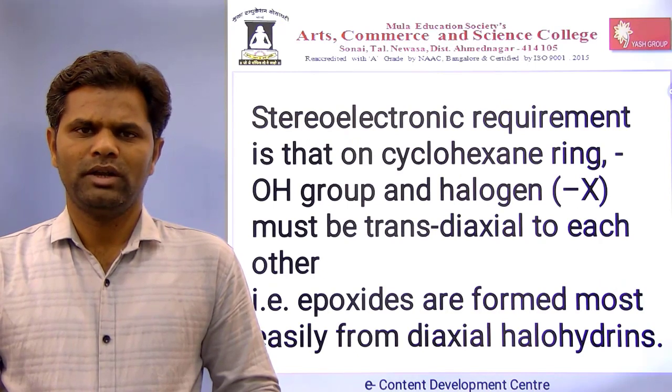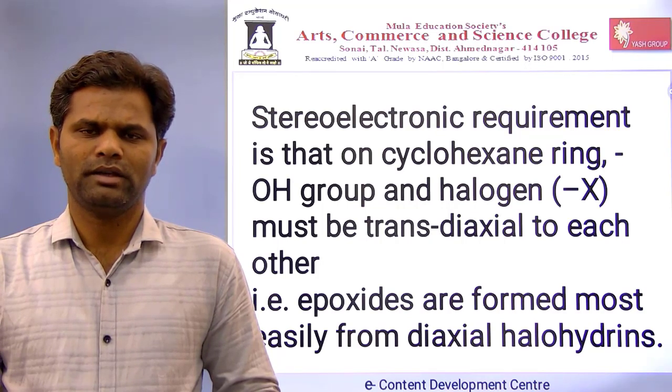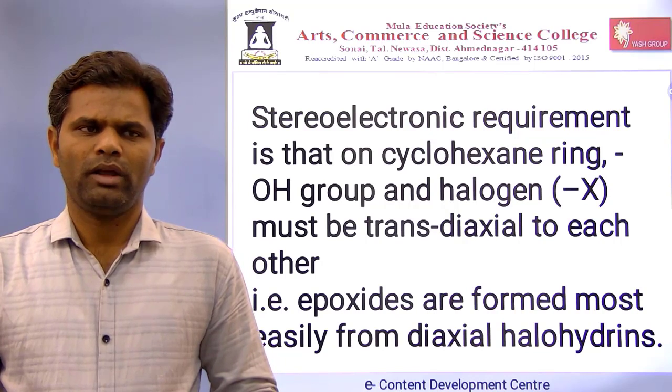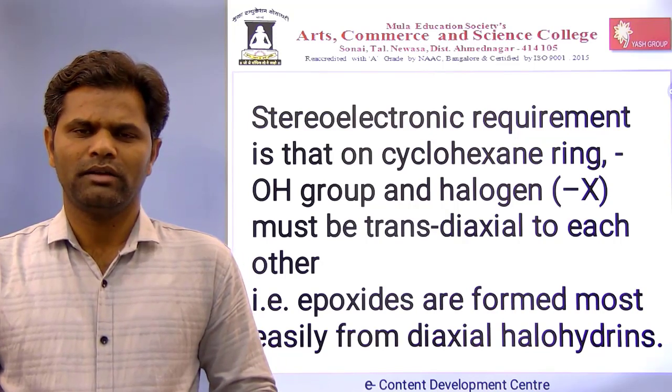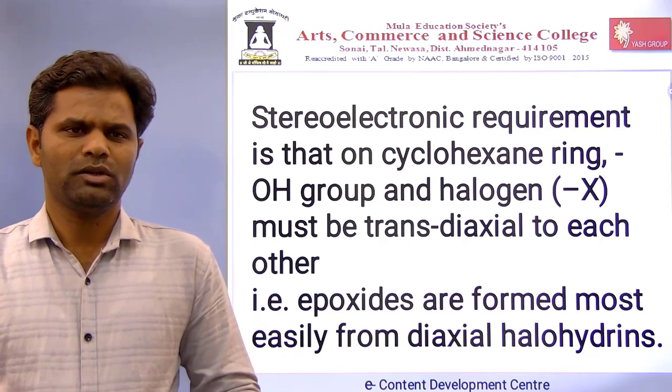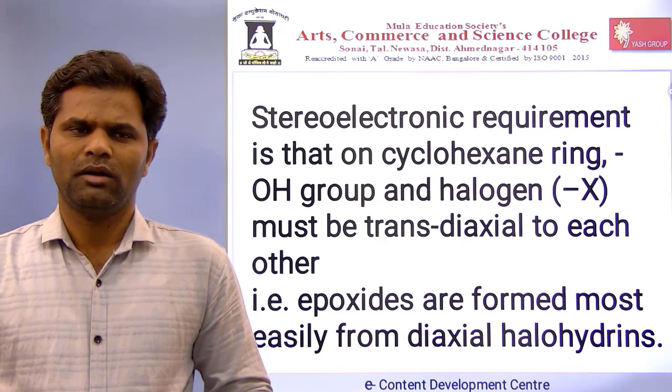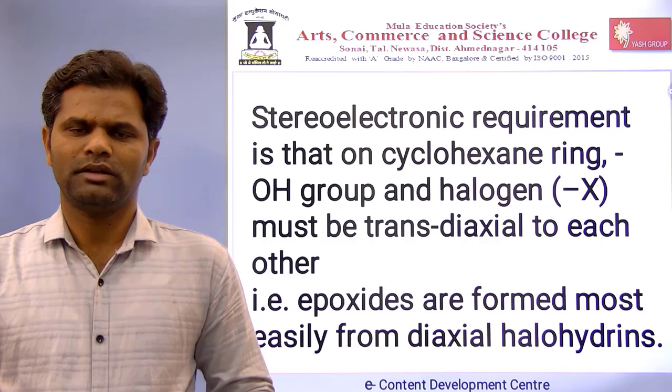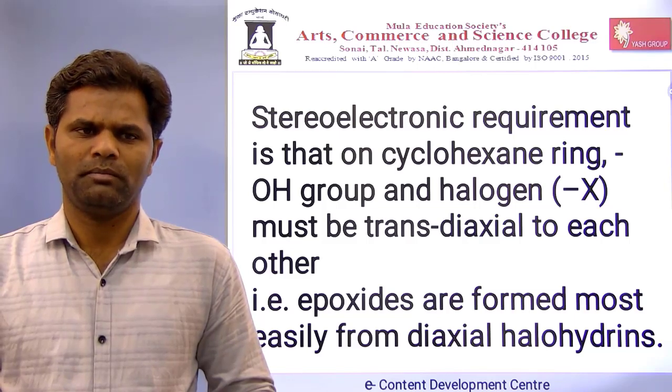Now, what is the stereoelectronic requirement of epoxidation of halohydrins in the cyclohexane ring? The stereoelectronic requirement is that on the cyclohexane ring, the hydroxyl group and the halogen must be trans-diaxial to each other.